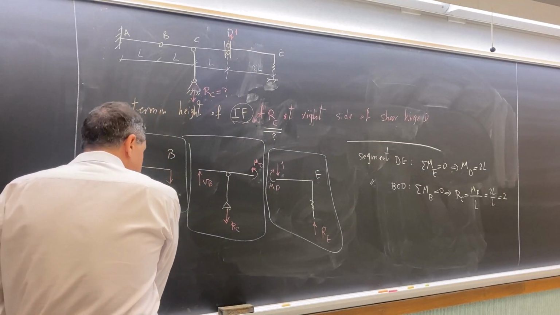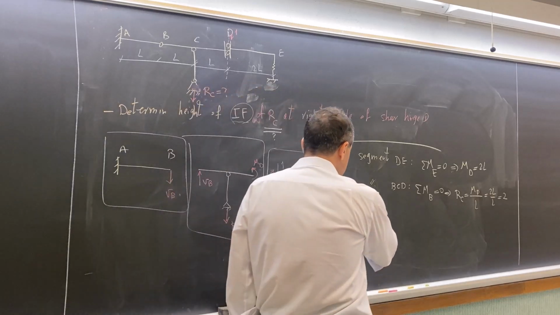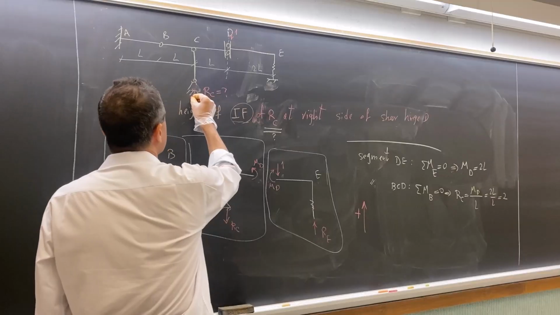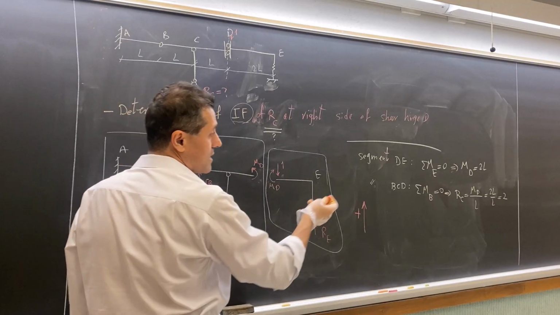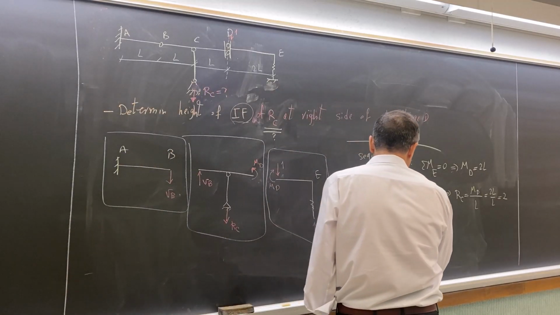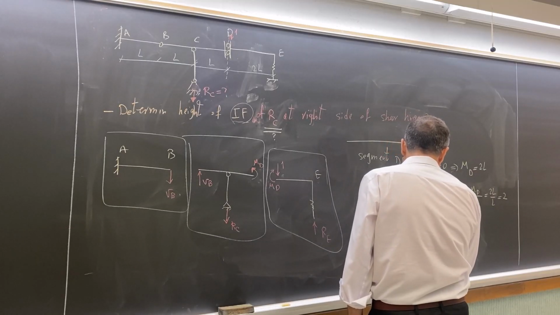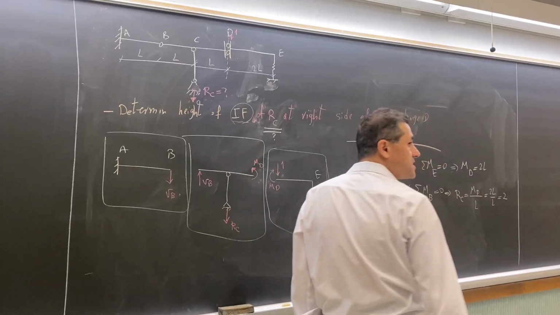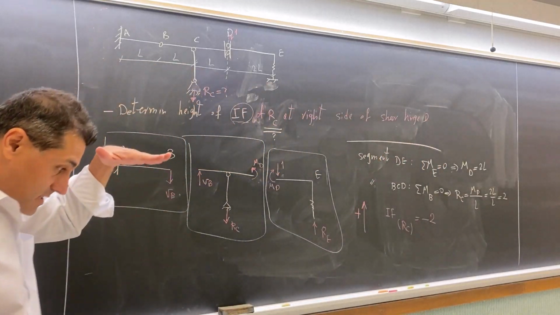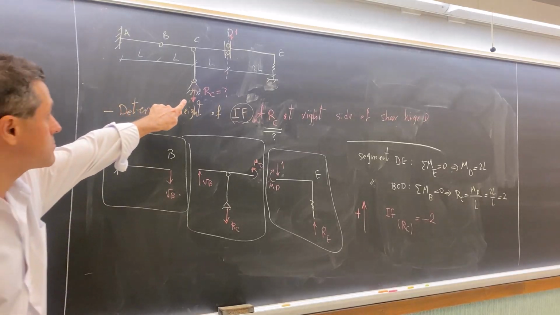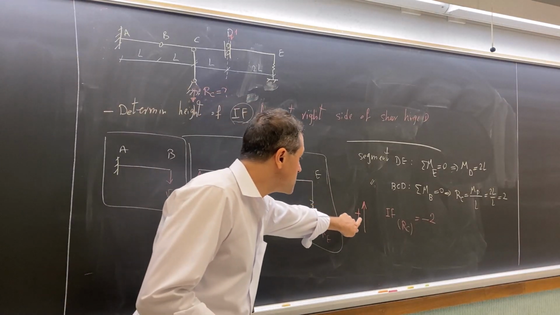Because the sign convention is upward positive, and RC is downward because we already assumed it to be downward, and then it is +2. So we can say the amount of influence line for RC is -2. It means when you draw the line, it is down below the x-axis. Our sign convention is positive.